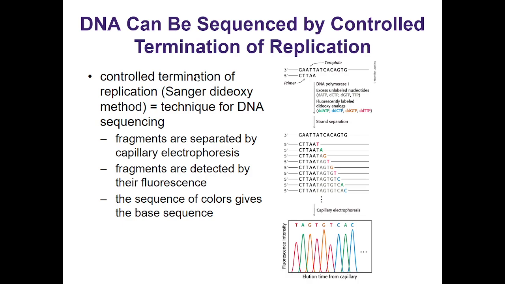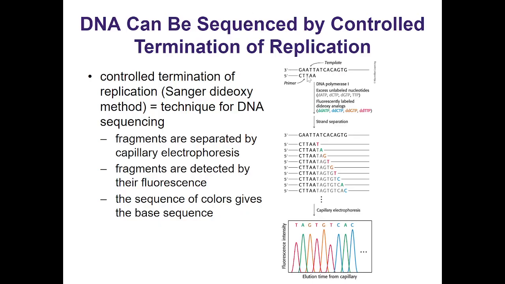That tends to be more common in my experience. For the technique, the fragments are separated by capillary electrophoresis. Remember our separation techniques. The fragments are detected via their fluorescence, and the sequence of colors gives us our base sequence.